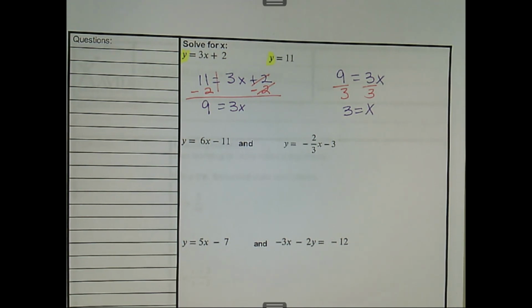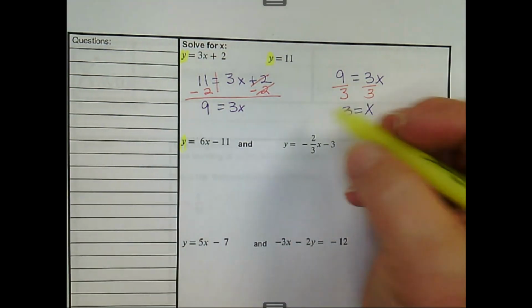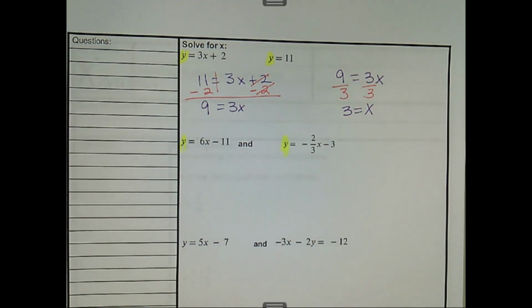Okay, for the next one, it's quite involved because we've got fractions, we've got all kinds of things going on, but I wanted you to learn how to deal with fractions. This is kind of a reminder. We know that y is equal to 6x minus 11, and y is equal to negative 2/3 x minus 3.